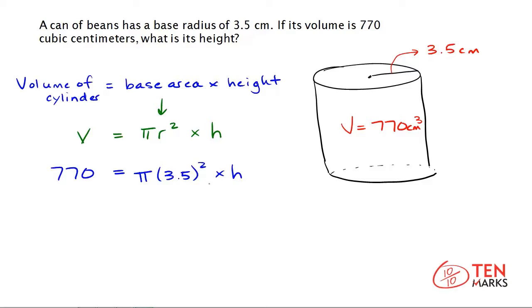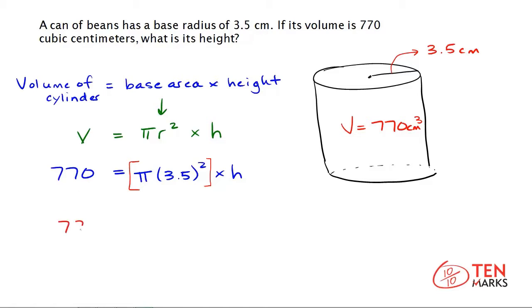So what we're going to do is manipulate this expression so that we can solve for h. To do that, notice that h is being multiplied by this term here, pi times 3.5 squared. Now you can treat this entire thing as one term, and if it's being multiplied by h, the inverse of that is dividing. So you're going to divide both sides by pi times 3.5 squared.